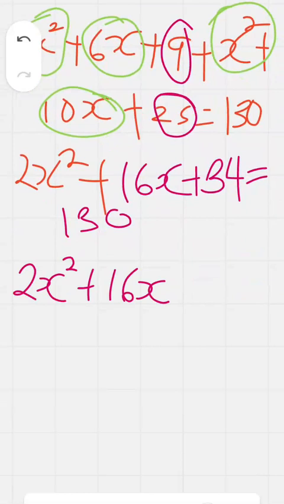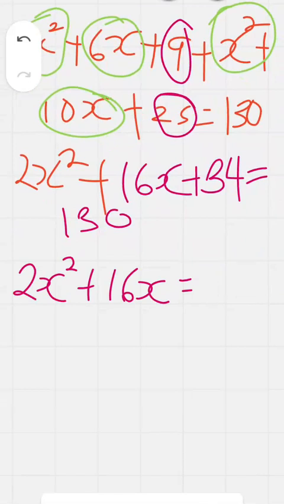Now we can take 34 to the other side. Now we subtract 130 minus 34.